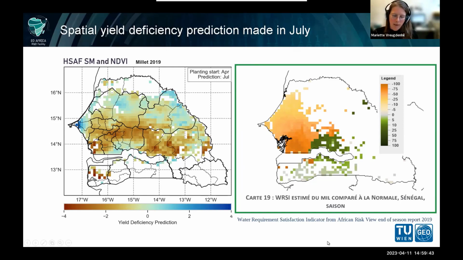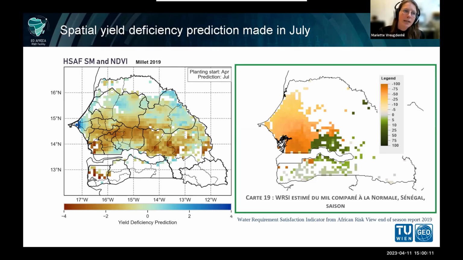Now you think, why is this important? Because we have the water requirement satisfaction indicator already, so why would we need another indicator? The thing is, this water requirement satisfaction indicator is at the end of the season, and our prediction was already made in July. So we can already have a very early indication of where the harvest might fail or where the crops have failed, so that you can already take early action.